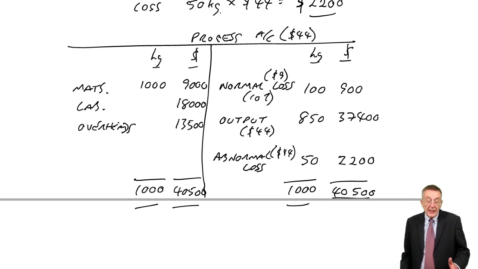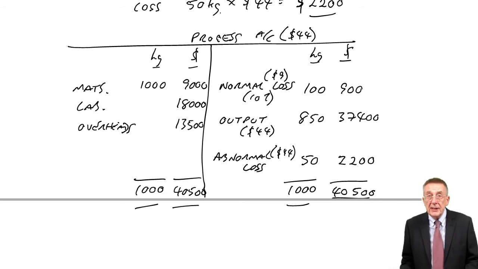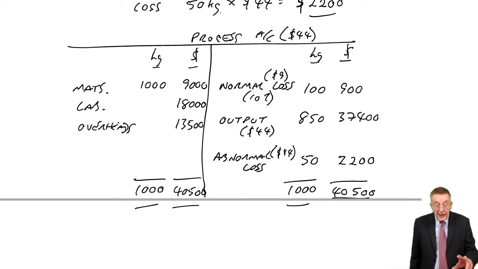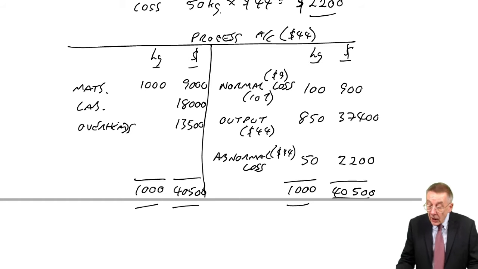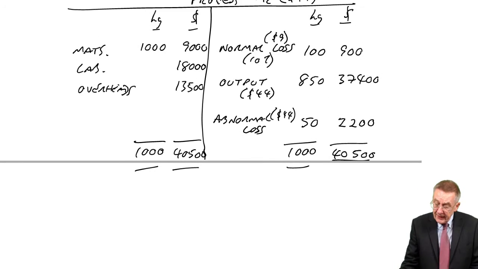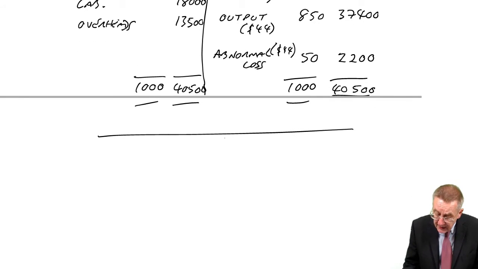So I do have to go through it and make sure, but it's the numbers you should be concentrating on rather than the T account itself. Just one extra thing though here. It says calculate cost per kilo, which we've done, prepare a process account, which we've done, but also a loss account, because we do now need to keep check on our losses. And so there will be a loss account.